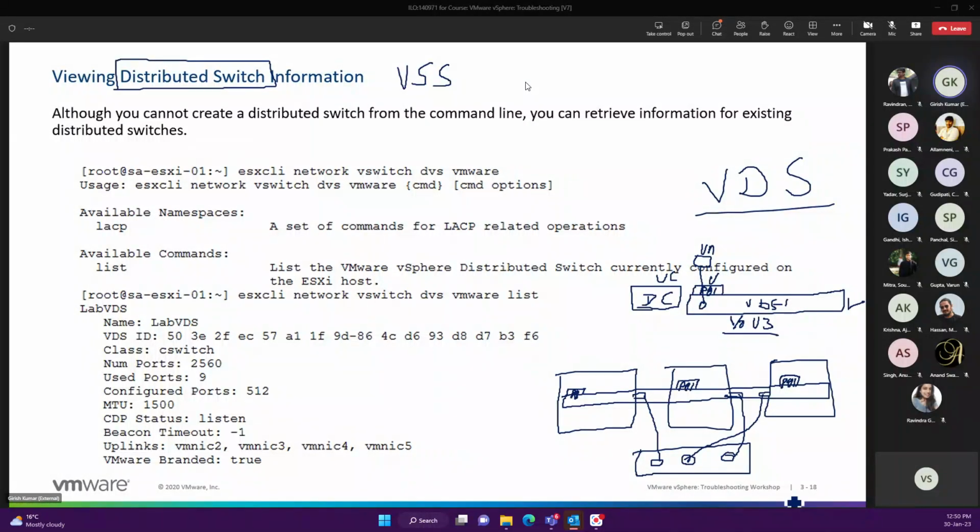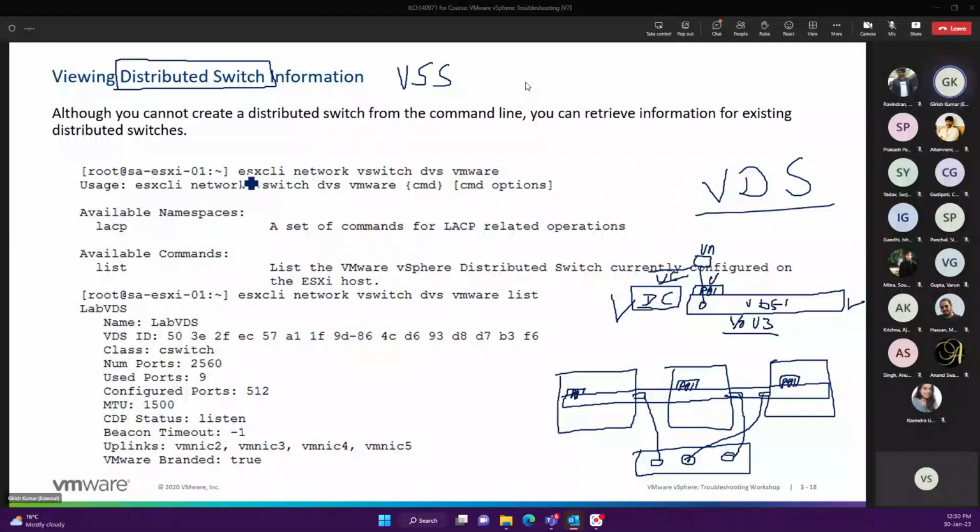And this VDS, you cannot create it at the hypervisor level, but if it is already there, you can see it and manage it. But creation or modification is only possible using vCenter Server at the data center level.